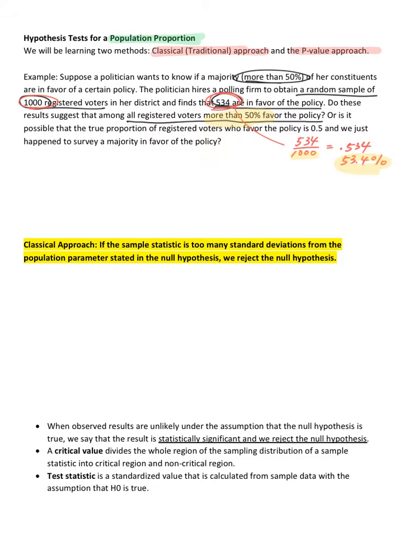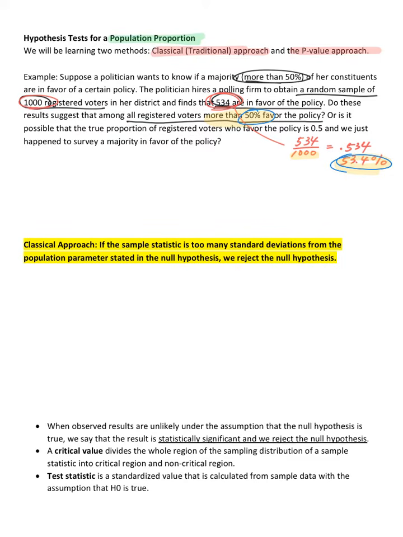So maybe there are just some people that happen to favor the policy, and getting 53.4% is not so surprising, and it is not really hard to get just by pure luck. So the whole point of this hypothesis test is to analyze how different this 53.4% is from 50% based on the size of our sample and the amount of variation we expect.